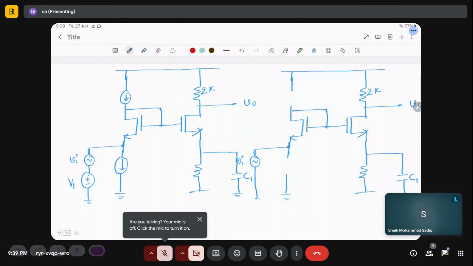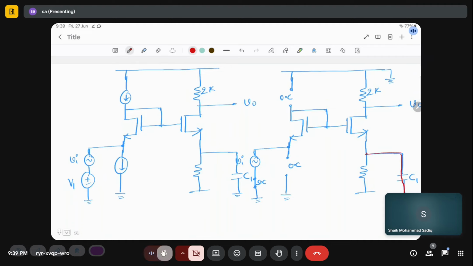This is shorted. Here it is working as an open circuit, 1 by gm. Here also it is open circuit, connected to ground. This will be shorted to ground.